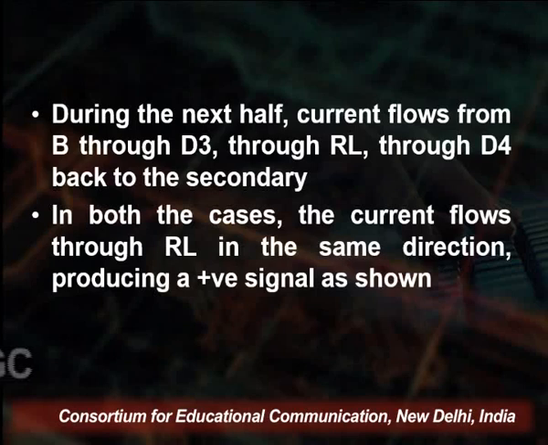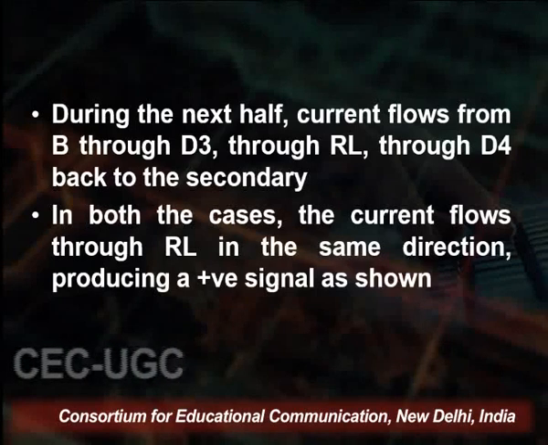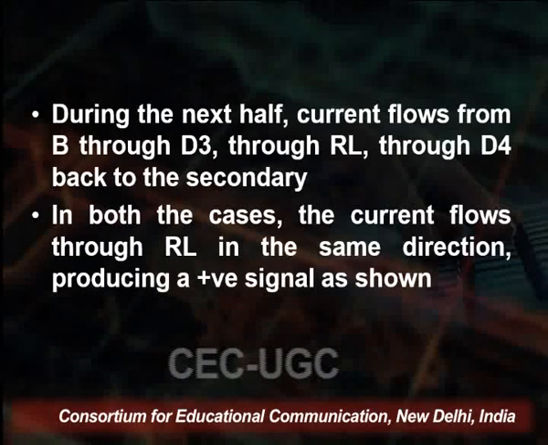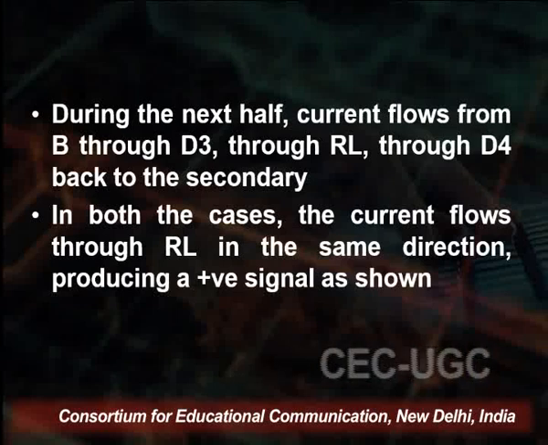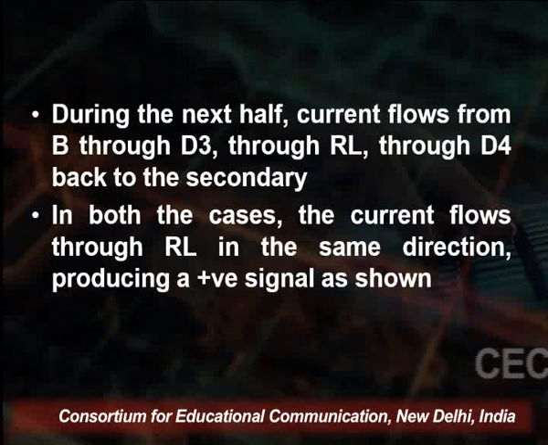In both cases the current flows through RL in the same direction, producing a positive signal as shown here, so we get the output for both the positive and negative cycles. Thus the bridge rectifier also gives a full wave output.